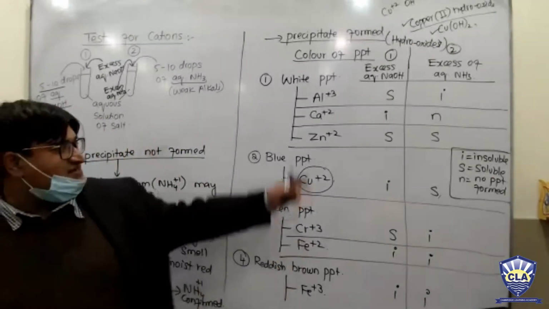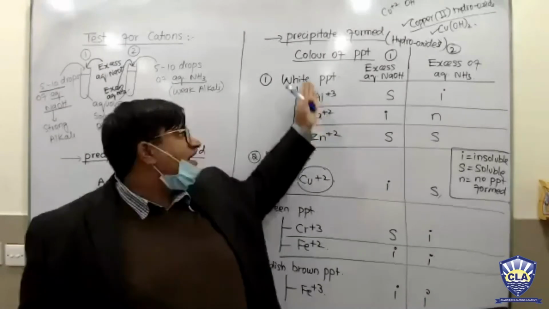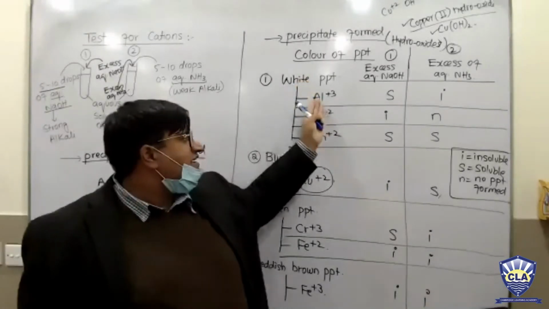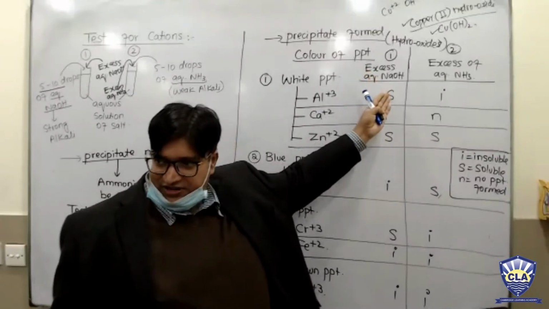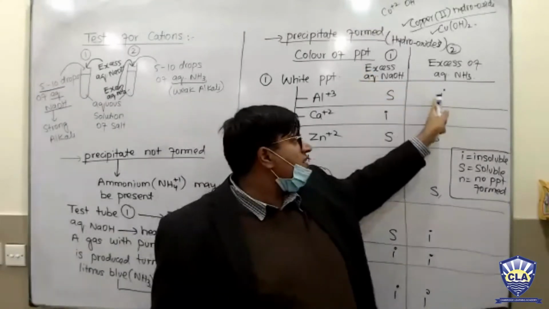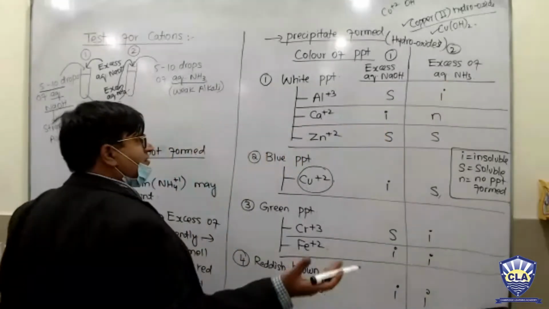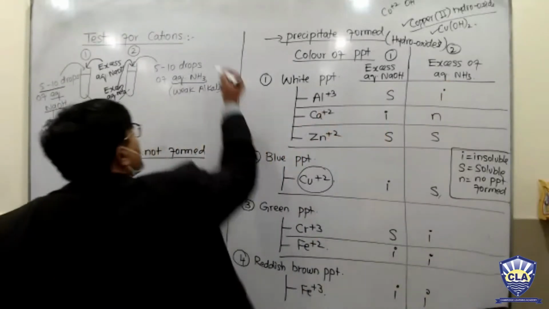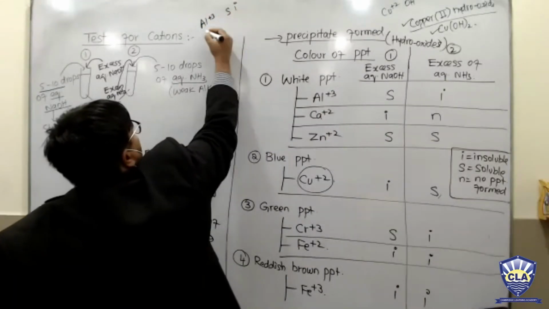So my dear students, aluminium forms a white precipitate, and this white precipitate is soluble in excess of sodium hydroxide, and insoluble in excess of aqueous ammonia. So in the paper, when they ask you about the cations test, you should learn this. Al plus 3, just learn it, Psi.